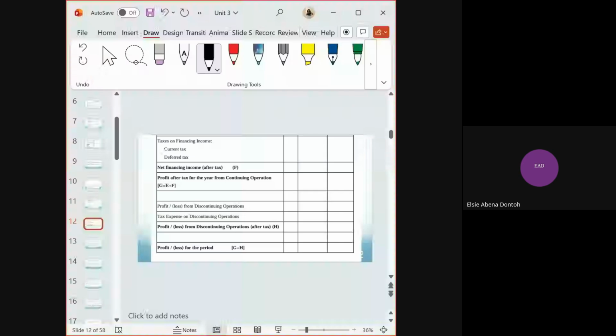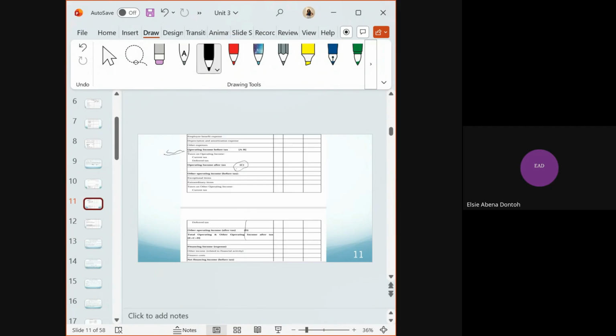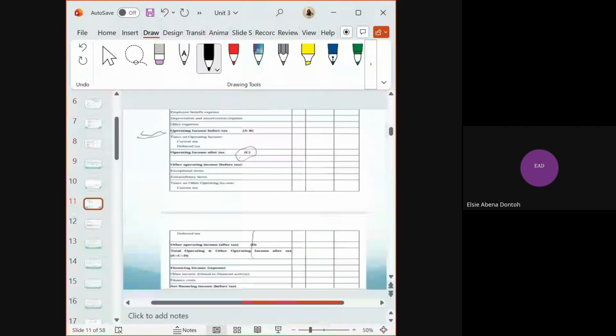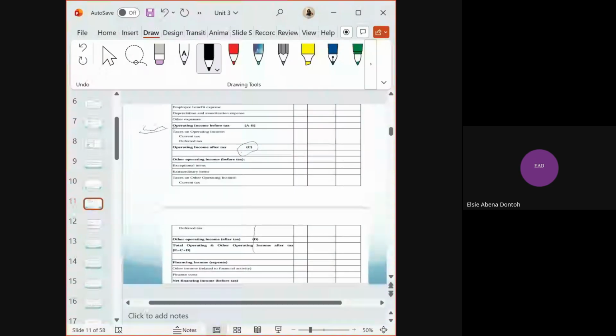And then we have net financing income after tax, that's F. So to get profits after tax for the year from continuing operation, it is G is equal to E, where you remember what we did here, E is C plus D, and C is operating income after tax plus other operating income after tax.